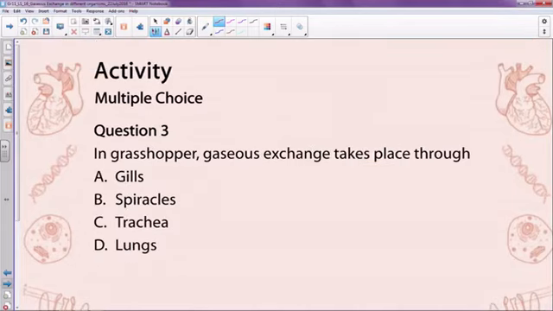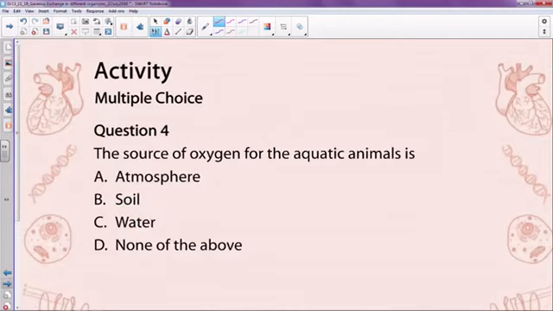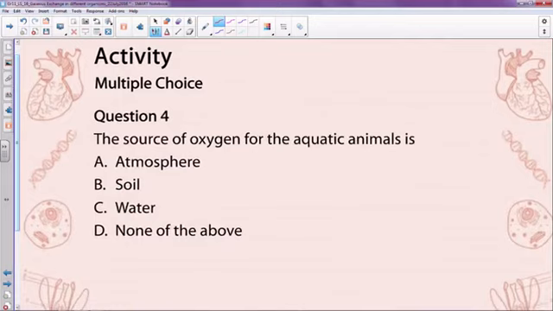Let's look at question 3. In a grasshopper, gaseous exchange takes place through A, gills, B, spiracles, C, trachea, or D, lungs. Question 4. The source of oxygen for aquatic plants is A, the atmosphere, B, soil, C, water, or D, none of the above.